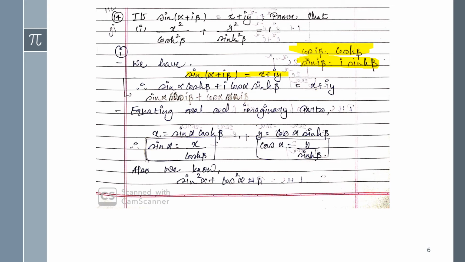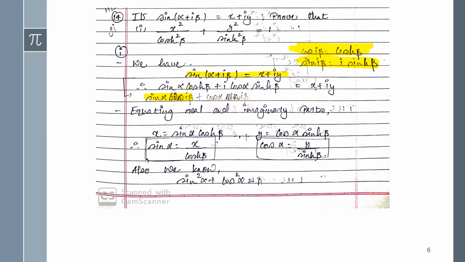So I'm writing here sin alpha into cos i beta plus cos alpha into sin i beta. In place of this, sin alpha I am keeping as it is, and cos i beta we can write as cosh beta.